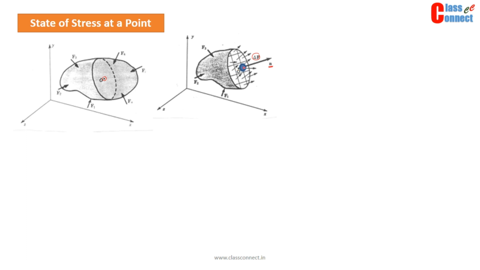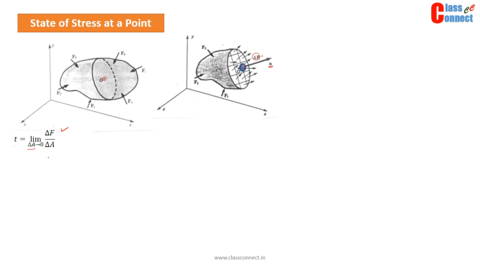So we can find the stress from the resultant force on the small element, which is given by the limit as delta A tends to 0 of delta F by delta A. Why do we take a very small area? Because we do not want this particular element to be subjected to any moment. The element is taken so small that the only resultant acting on it is a force. That is why we take delta A tends to 0, and we find the stress is equal to this.